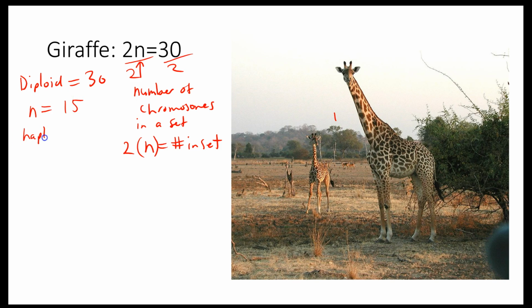So the haploid number equals 15. That means that there are 15 chromosomes in a set. Okay, so let's pause that for a second and go back here for a moment. I'm going to erase all this.